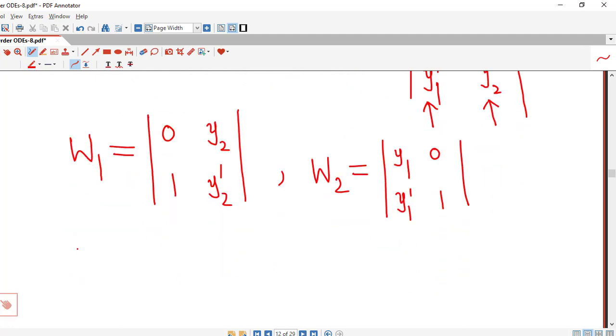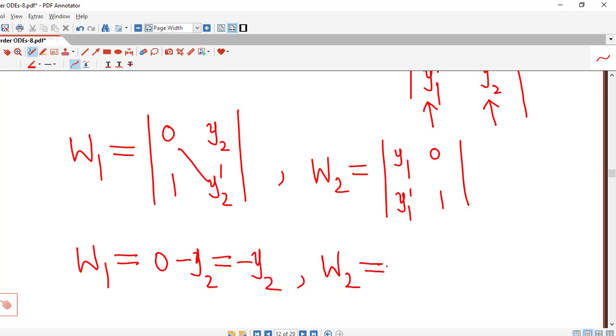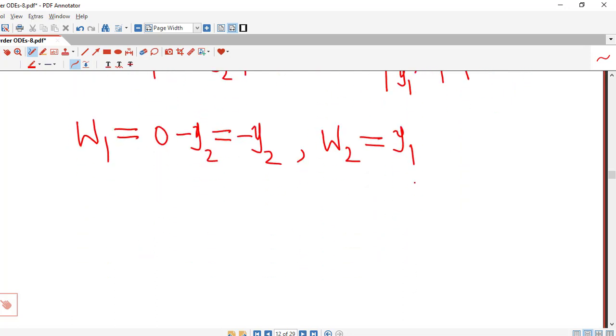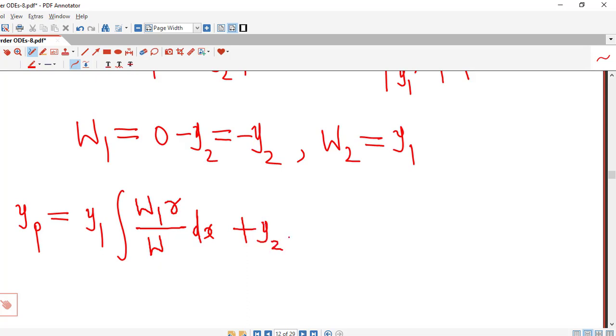So if we find the values of w1 and w2, w1 becomes 0 minus y2, that is minus y2, and w2 becomes y1 into 1 minus 0, that is y1. And now we write down the formula yp equal to y1 times the integral of w1 into r over w dx plus y2 times the integral of w2 into r over w dx.